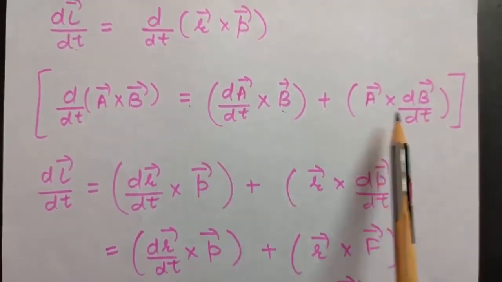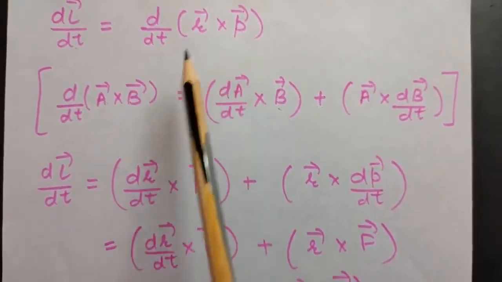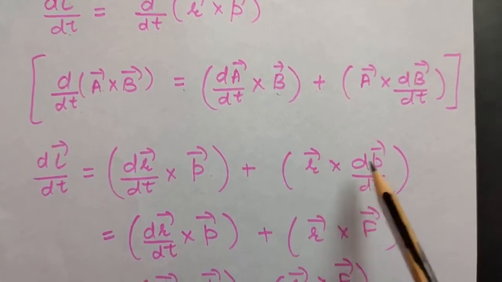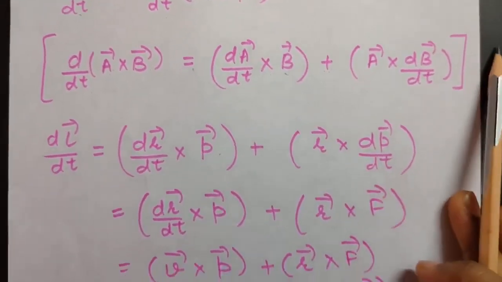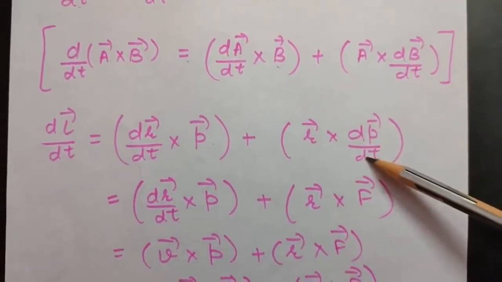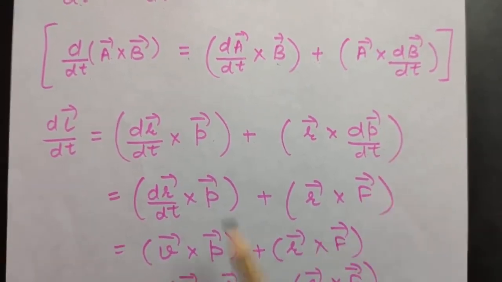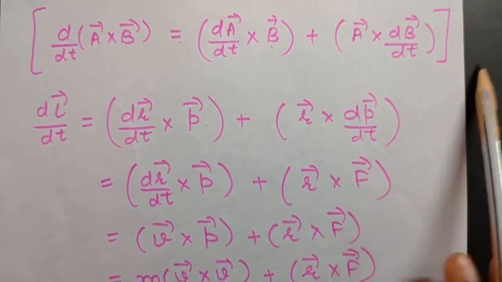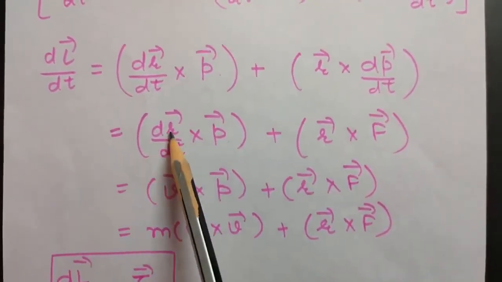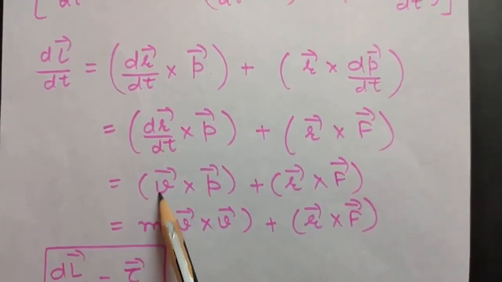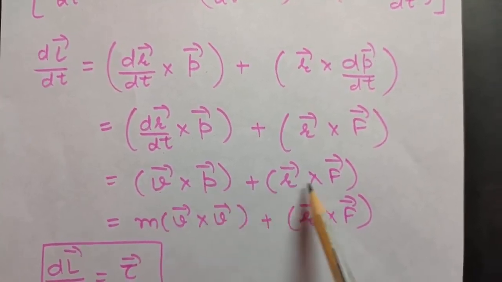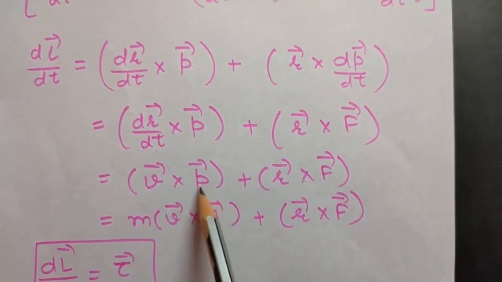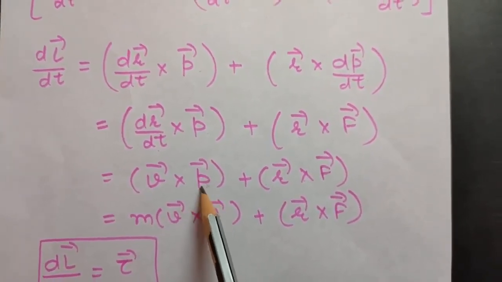So if you use this general formula, in this case the answer will be dr by dt cross p plus r cross dp by dt. Now as you know, dp by dt by Newton's second law is force. So this term will become dr by dt cross p plus r cross F. Again, dr by dt is nothing but velocity. So this is v cross p plus r cross F. Linear momentum is defined as the product of mass and velocity, that is mv.